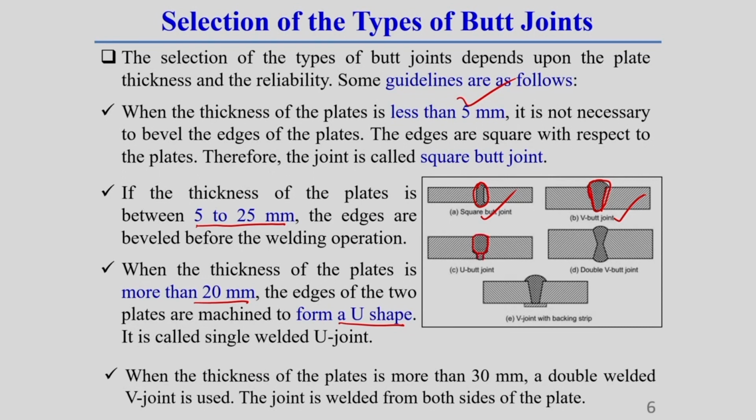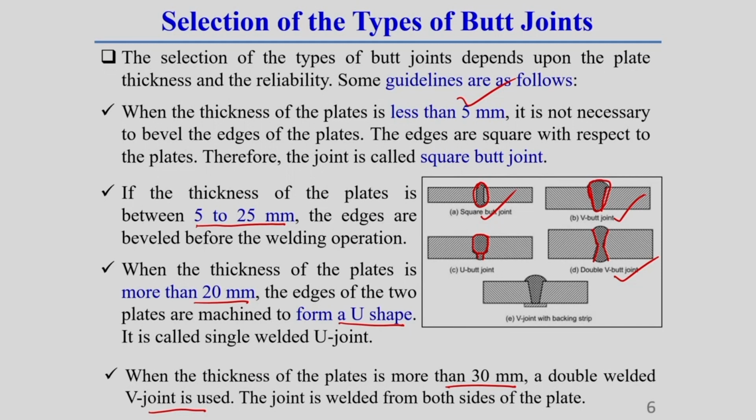Now, another thing you should keep in mind is when we should use double sided V groove edge preparation or V weld. A double V butt joint is generally preferable once the plate thickness is more than 30 millimeter. So, once the plate thickness is more than 30 millimeter, a double welded V joint is generally used.